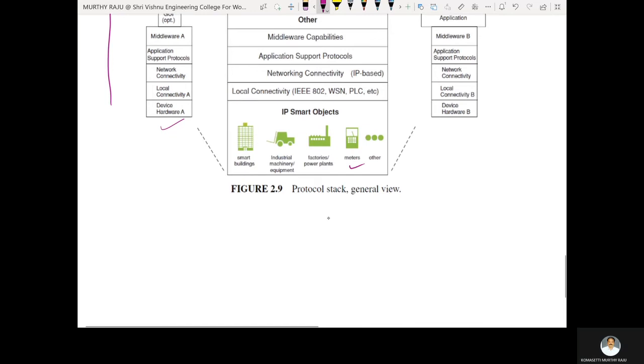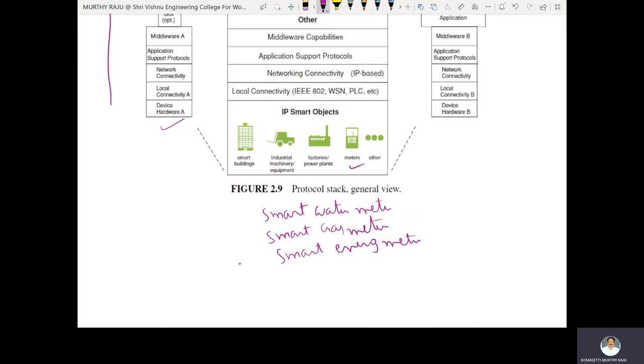Meters. Smart meters means smart water meter, smart gas meter, smart energy meter. How to connect all these meters? By using power line communication.